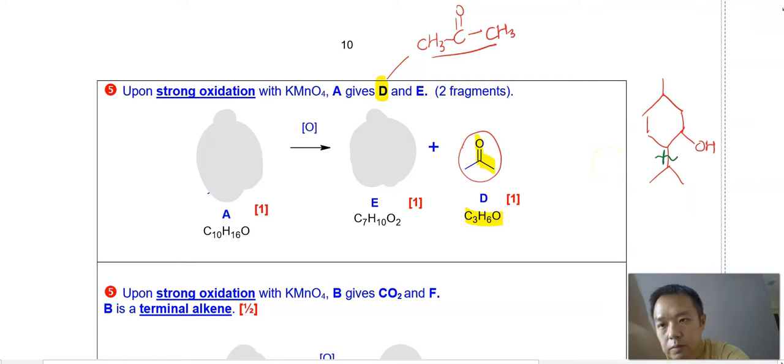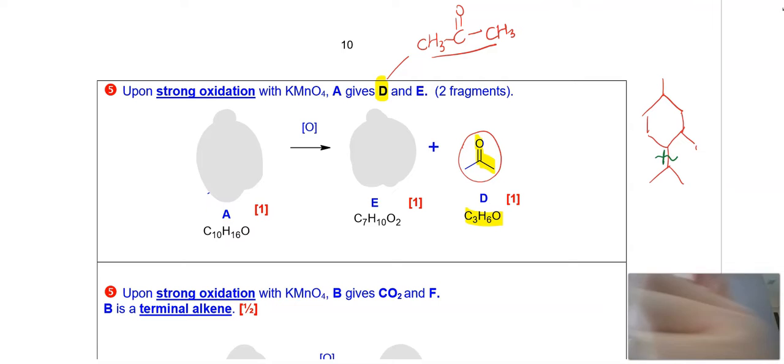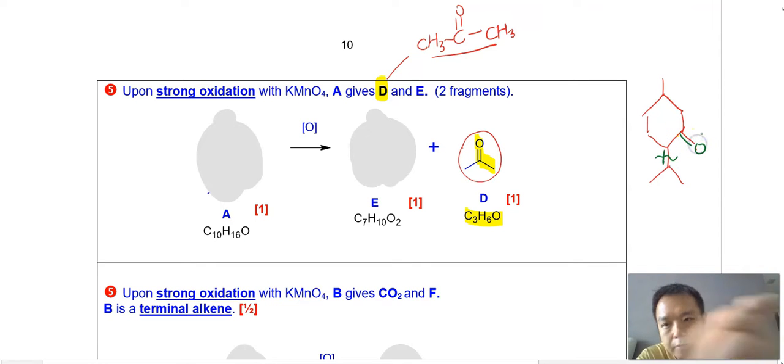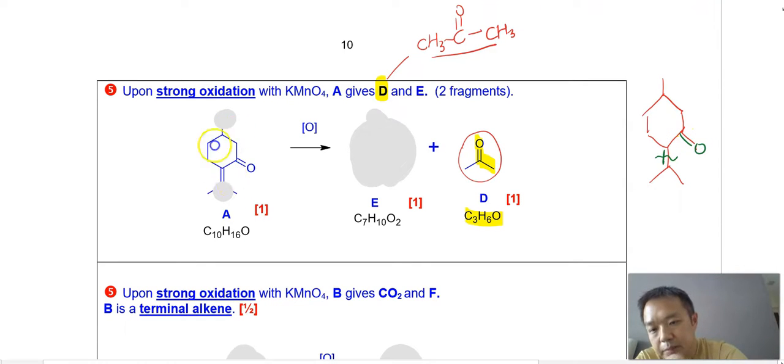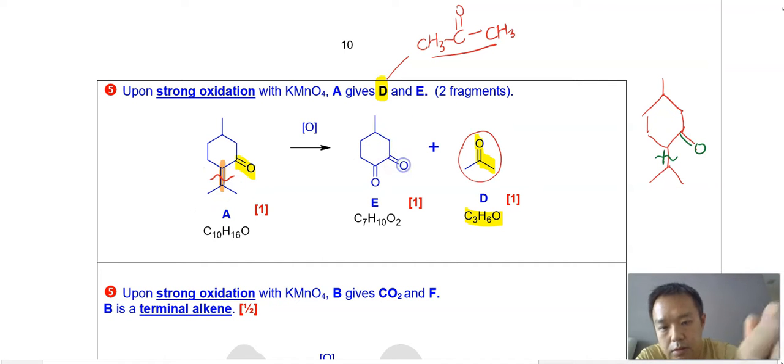Okay, so by this, we can get the structure of compound A. Where, as I mentioned, the secondary alcohol must be the ketone, and the double bond is over here. So when you break this compound here, what do you get? You get a C=O with a ketone over here. Because these two groups over here are connected to carbon groups, you do not have to add any H or O to get a carboxylic acid.